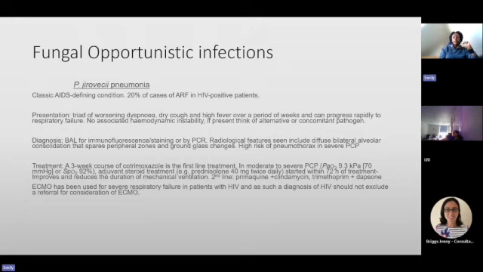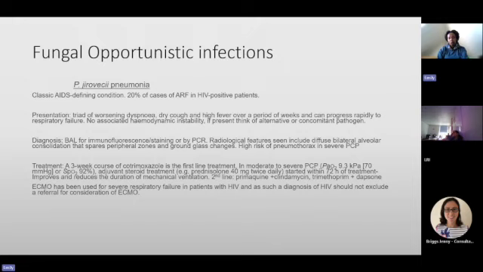The radiological features in PJP: initially the chest X-ray might look normal. Eventually you start seeing bilateral alveolar consolidation, just widespread ground glass opacification that spares the peripheral zones. Treatment would usually be cotrimoxazole.